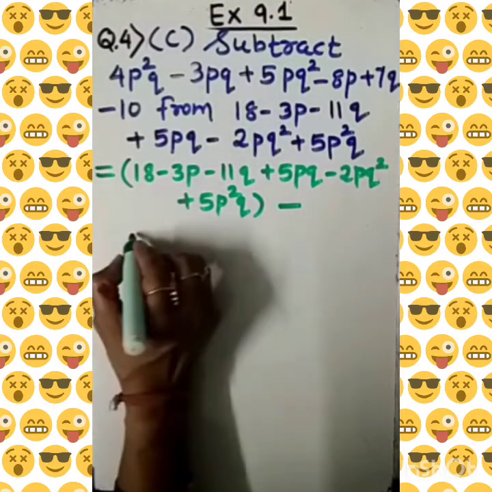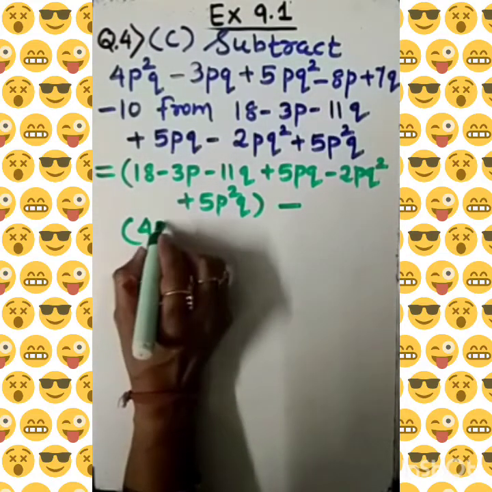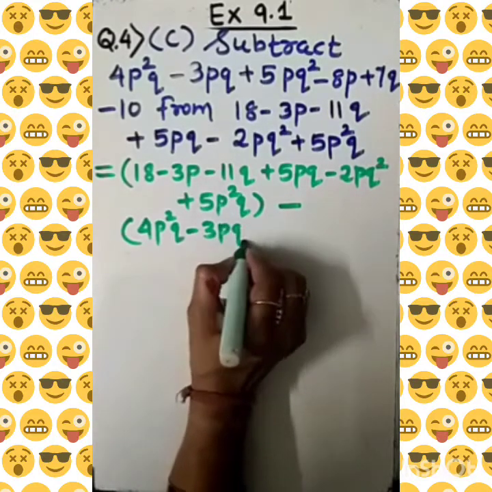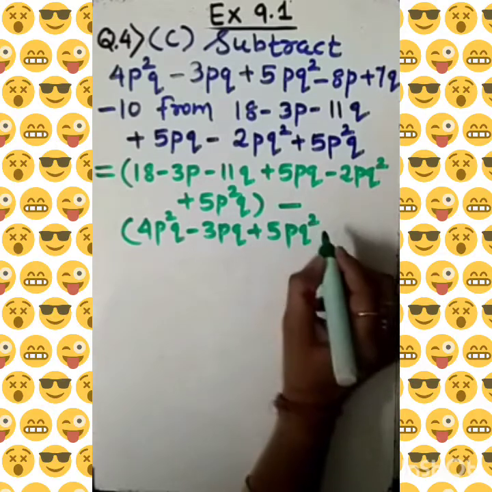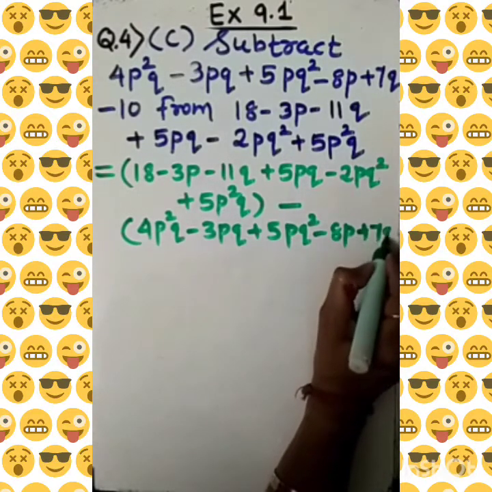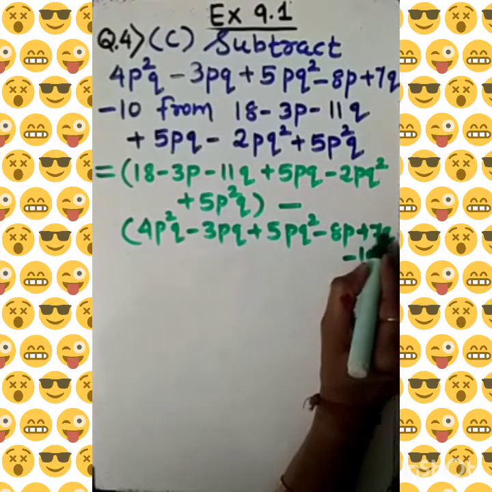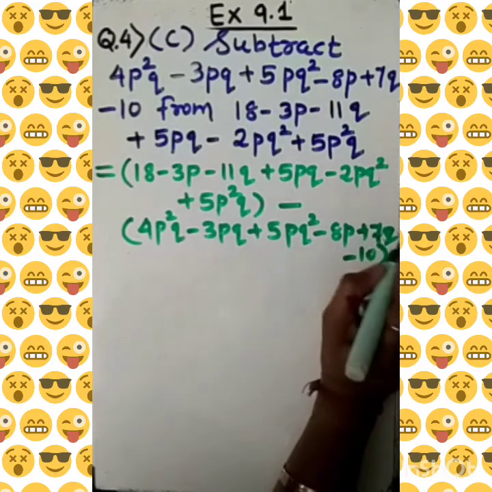We are subtracting. Now I'm going to write 4p square q minus 3pq plus 5pq square minus 8p plus 7q minus 10. This is the complete expression.